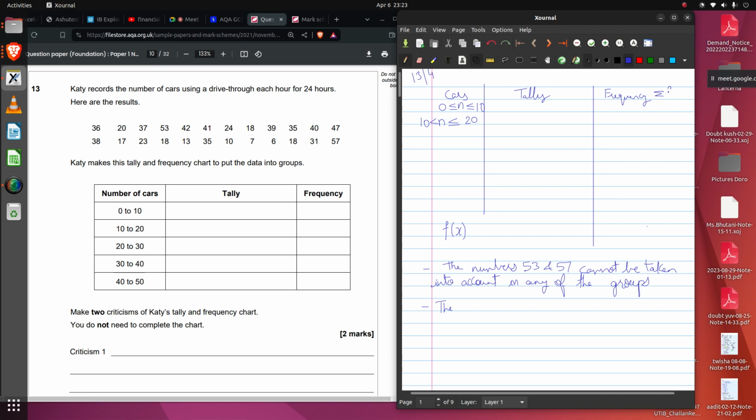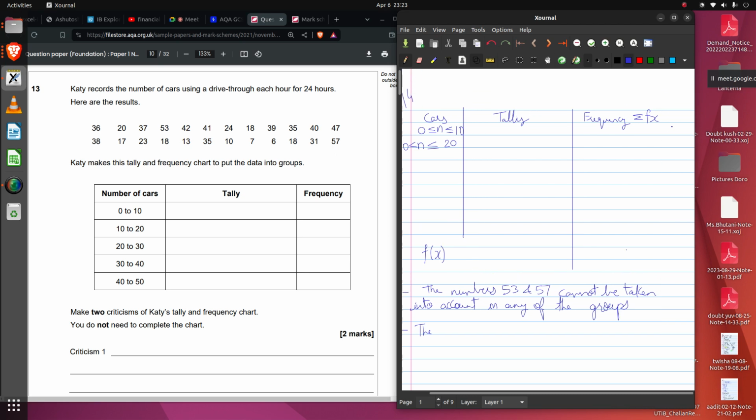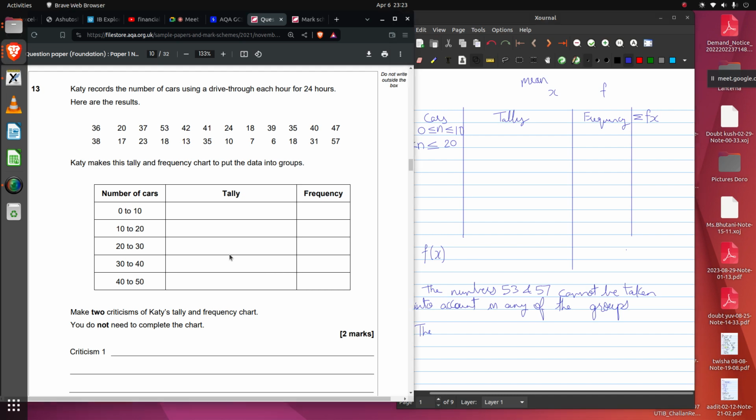Okay, you're talking about this. In tallies, is it necessary? The meaning of this is you multiply the frequency of a particular observation with that observation and add all those values. You need that only if you're trying to find the mean. You don't need that in every question. Here they are not asking you to find the mean, so you don't have to worry.